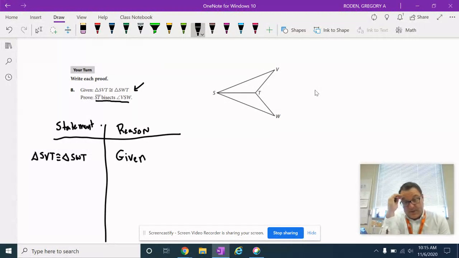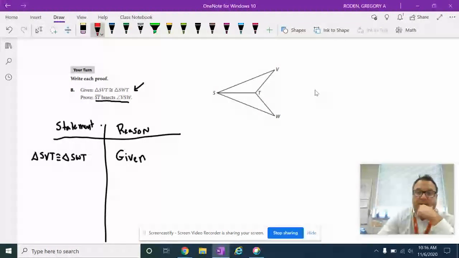All right, now the next thing I would do, remember what we're trying to do. If ST is a bisector of the big angle, then I need to know that this angle right here is congruent to this angle right here. And if they are congruent to each other, then we can say by definition ST is a bisector.